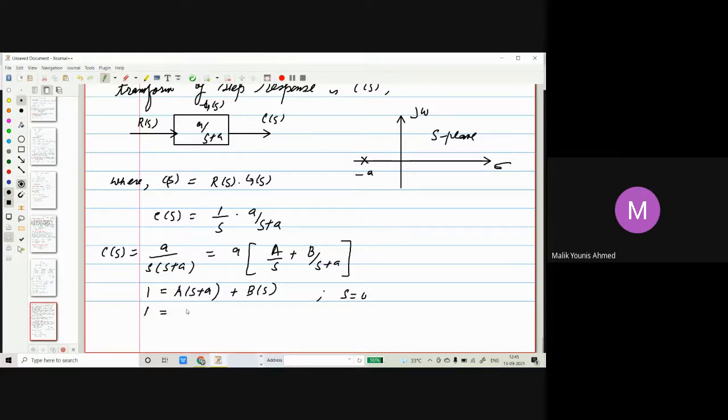That will be small a, and therefore A will be 1 by small a. Similarly, put S equal to minus a, so this will become 1, this will become 0 minus a, so B will be equal to minus 1 by a.